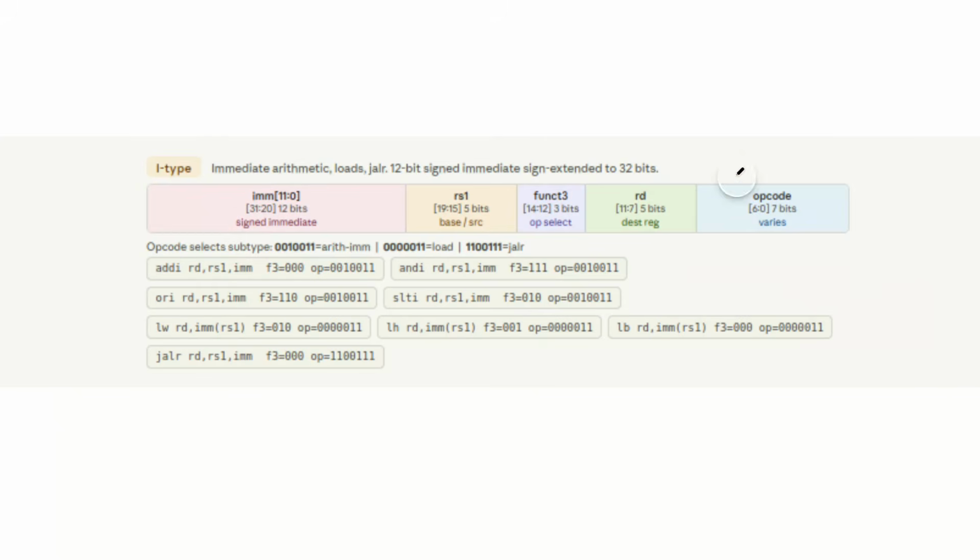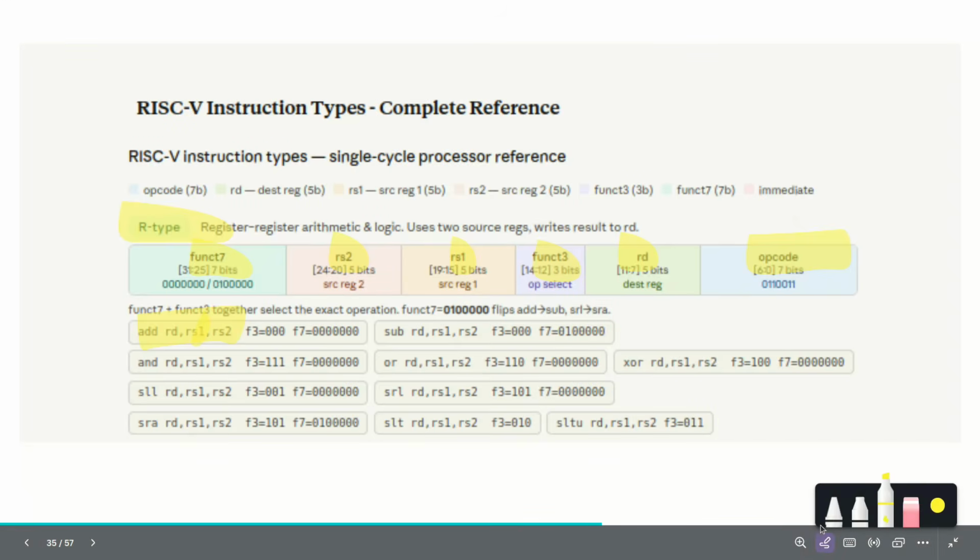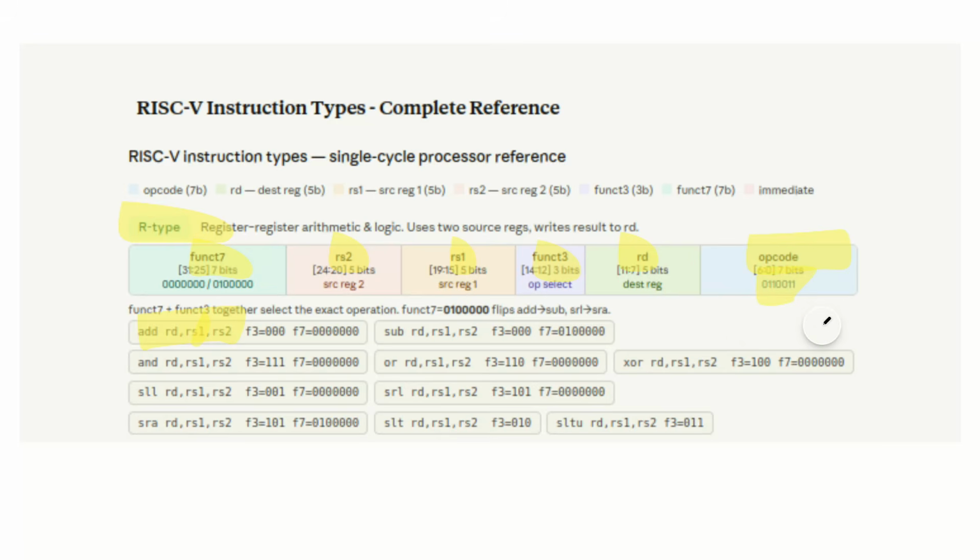So you have to learn the opcode value of R type by heart. 0110011 is the opcode of R type instructions. Understood? You have to learn that by heart.